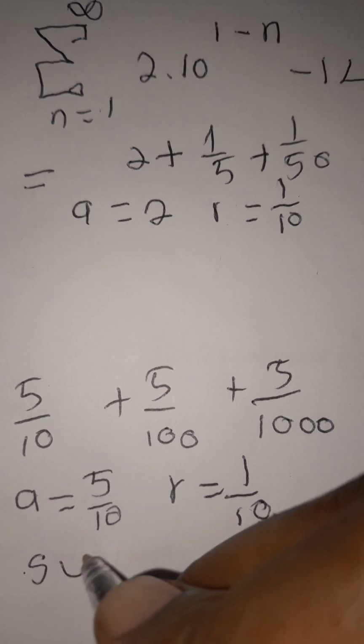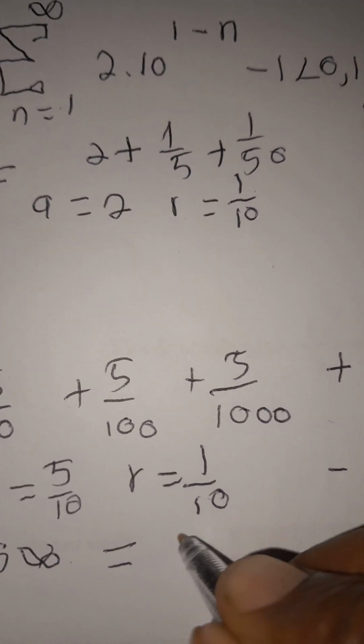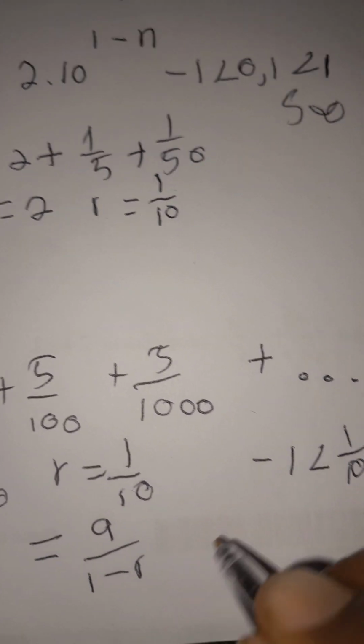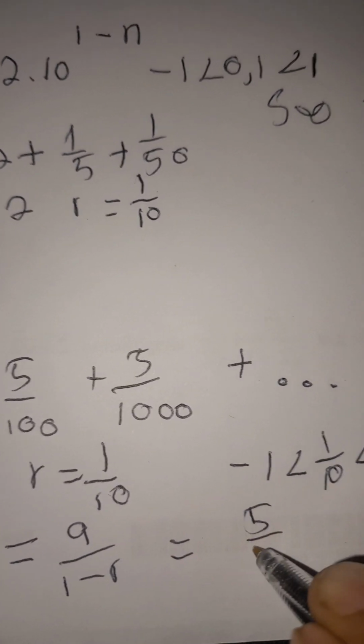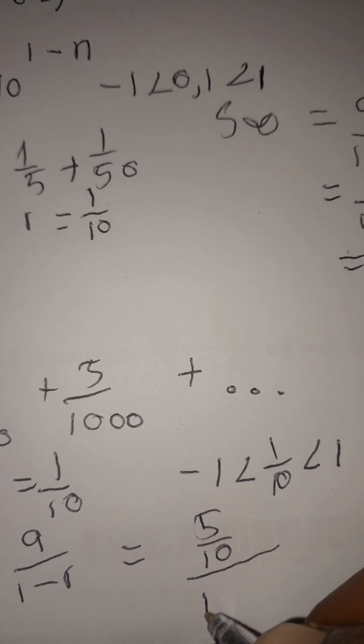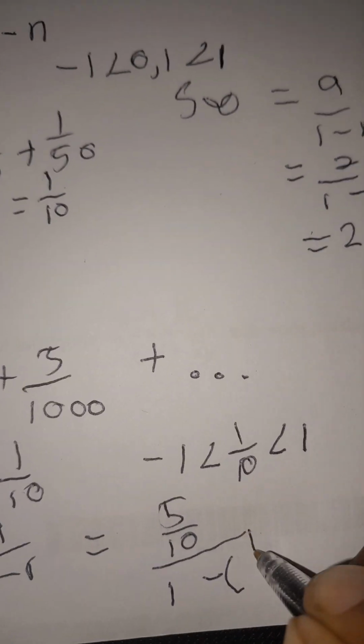So we are going to use the same formula. The sum to infinity is equal to a over 1 minus r. A is 5 over 10. What is our r?